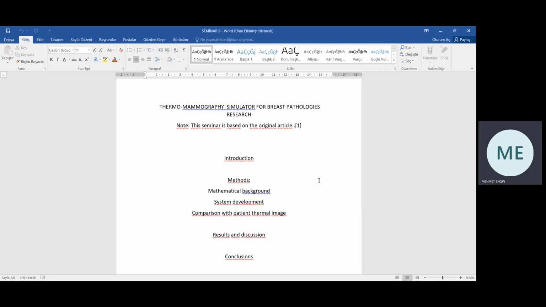Now, methods. First one, mathematical background. Pennes's equation was used in order to obtain a temperature distribution model from a tumor in a mammary gland. This equation describes the distribution of the tissue temperature as a function of its blood perfusion and metabolic rate.